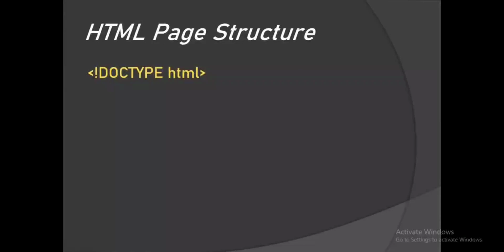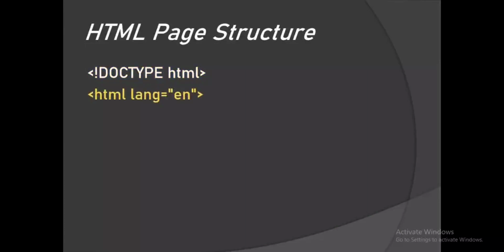Like I said, we have different types of HTML documents, but this is the latest version, HTML5. If you're going to be loading an HTML4 document, it is going to come differently. So this doctype html is basically telling us that we want to load an HTML document, and not just an HTML document, an HTML5 document.